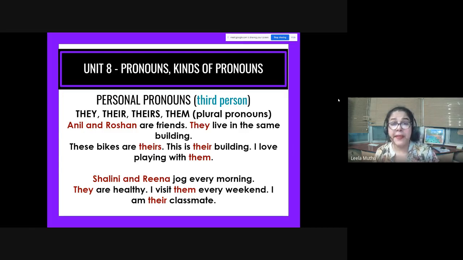I am their classmate. So again, I've used their, theirs, them, they as pronouns to replace the plural nouns. So these are personal pronouns of the third person plural, which replace plural nouns. I hope you have understood.